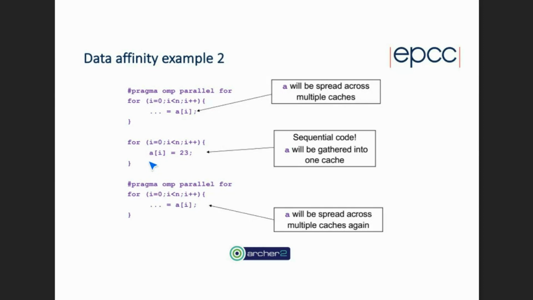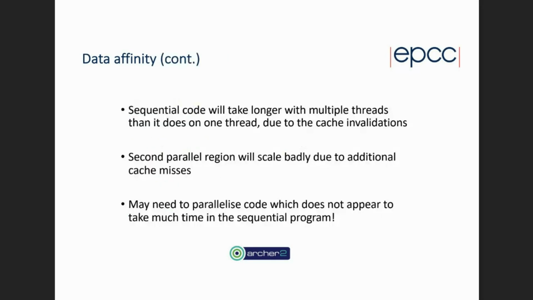Your sequential loop may actually increase in time because of those additional costs of doing those cache invalidations. That's kind of non-intuitive behavior. You can sometimes see that there are sequential bits of code that actually take longer to execute when you have multiple threads executing.